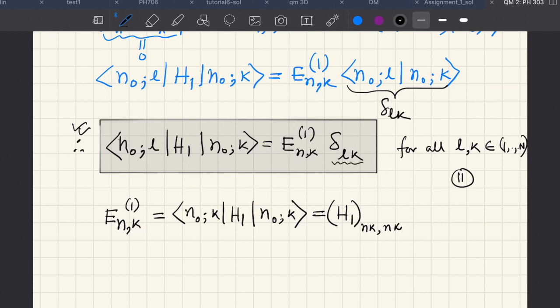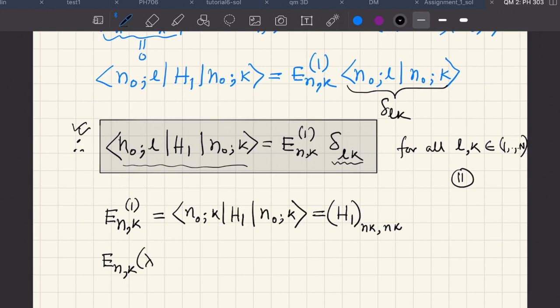It tells you that this has to be 0 if L is not equal to K. So that will give you only the diagonal matrix elements. And secondly, it also tells you what is the correction to the energy, E_n^K 1. The energy corrections are the diagonal elements of the matrix in the degenerate subspace. That is very important.